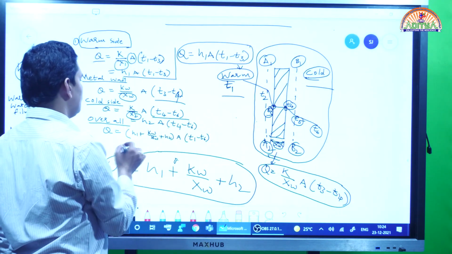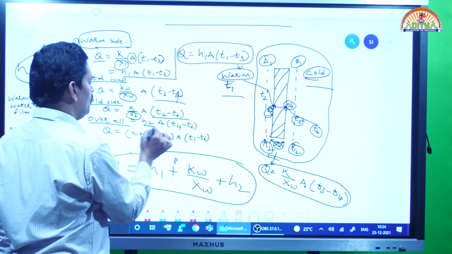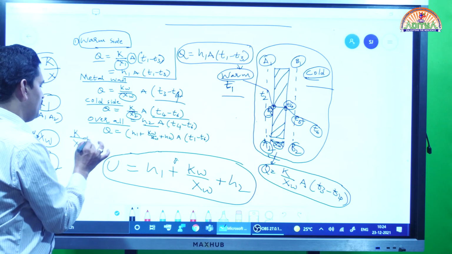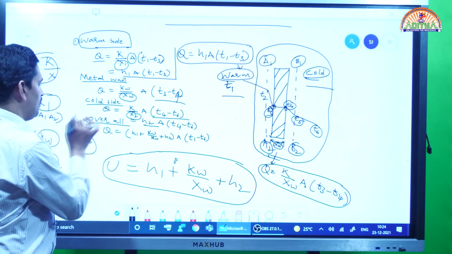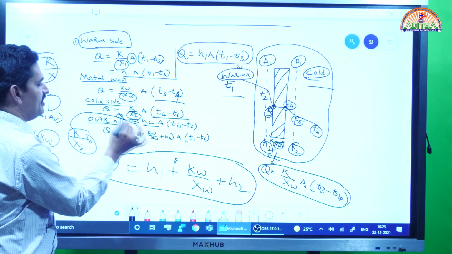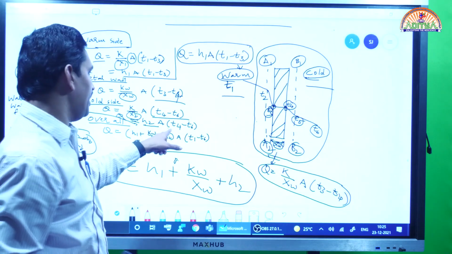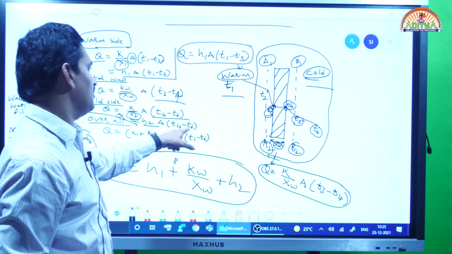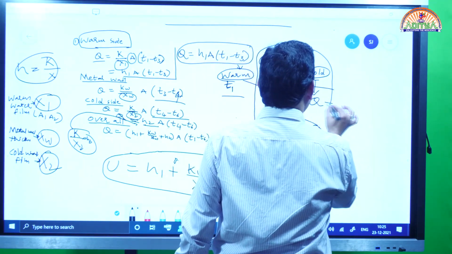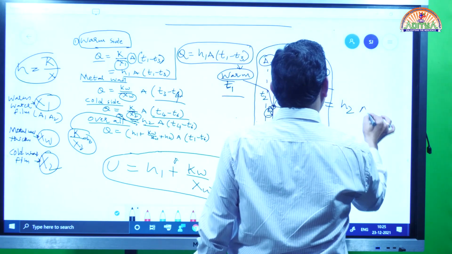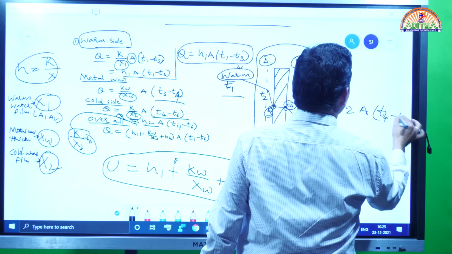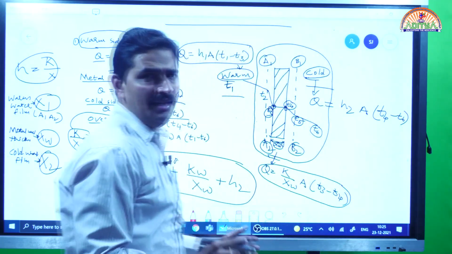Where K by x2 is equal to H2, we substitute that over here, and finally Q is equal to H2 into A into T4 minus T6. So heat transfer through the cold surface, we can write as Q is equal to H2 into A into T4 minus T6.